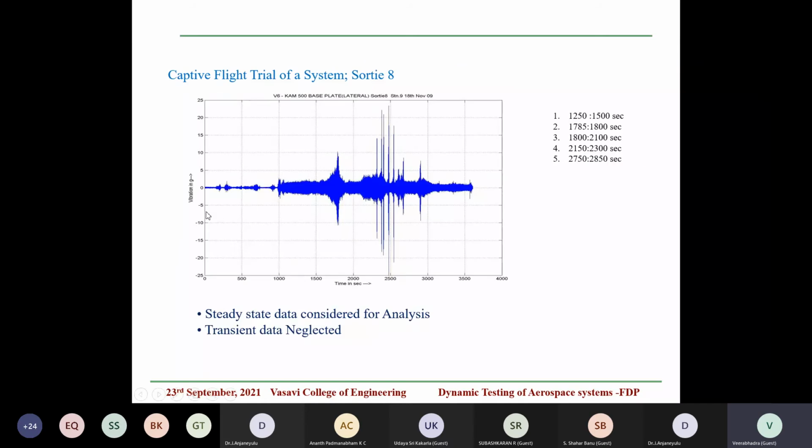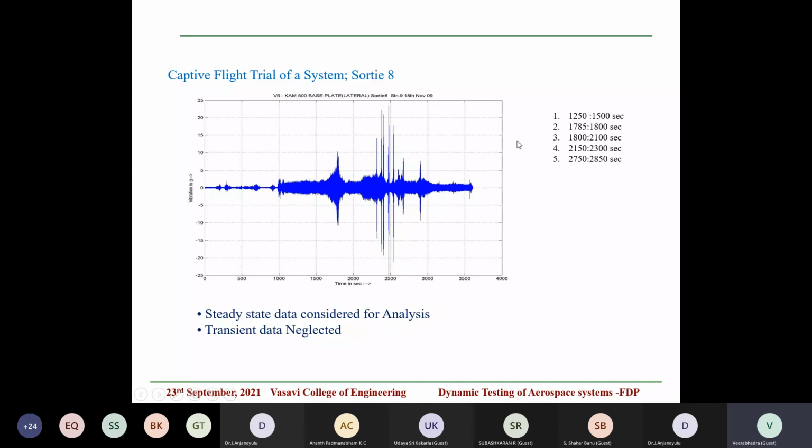For example, you have got some measured data like this. You can see there is a peak here; it is not simply steady state or transient, both are available. So you have to convert this data into steady state and transient data. Typically, for example, I have segregated into different events, say time cycles of 1250 to 1500 seconds, 1785 to 1800 seconds, like this different time events.